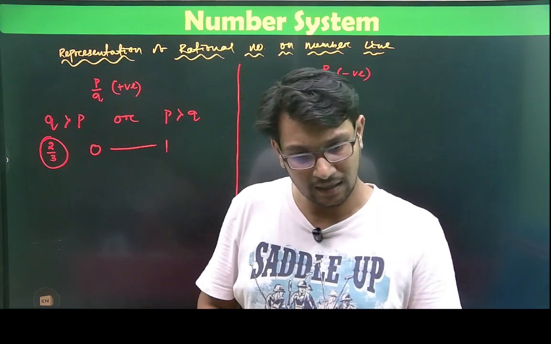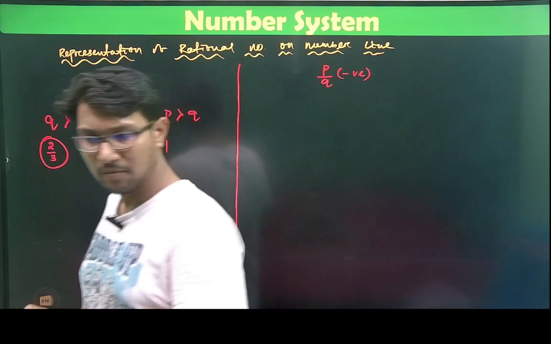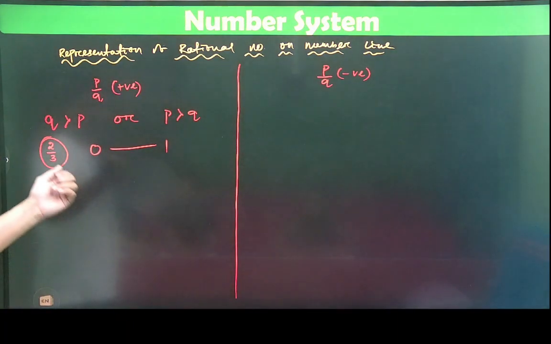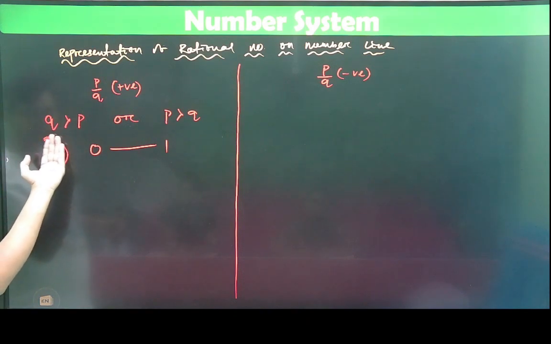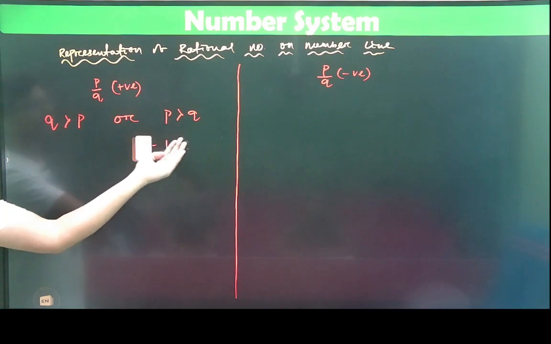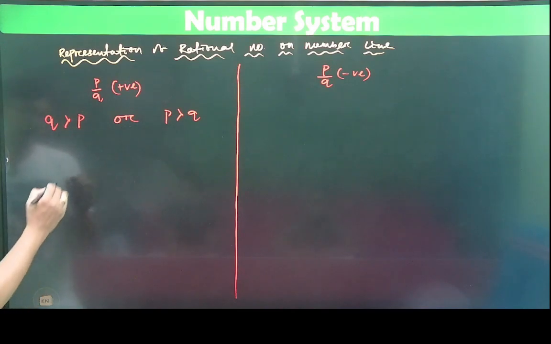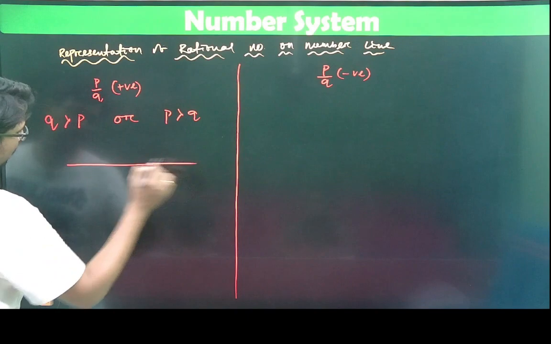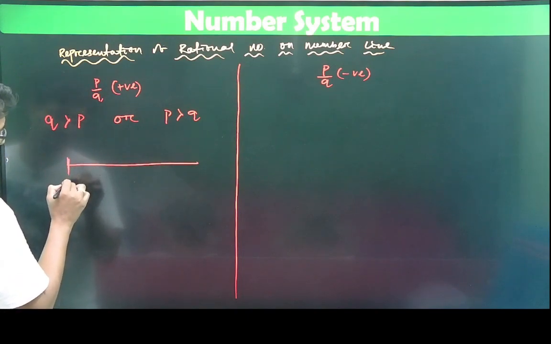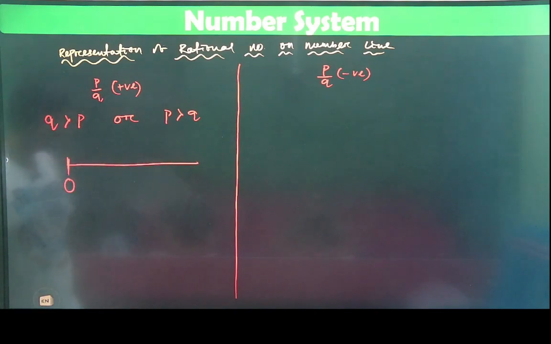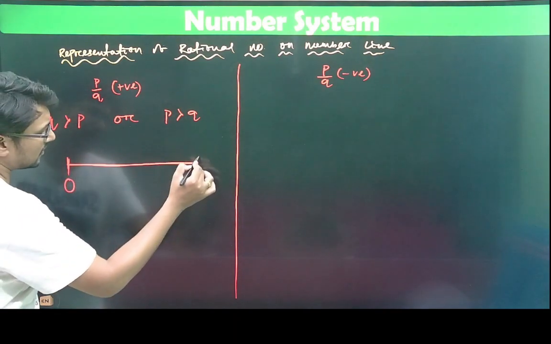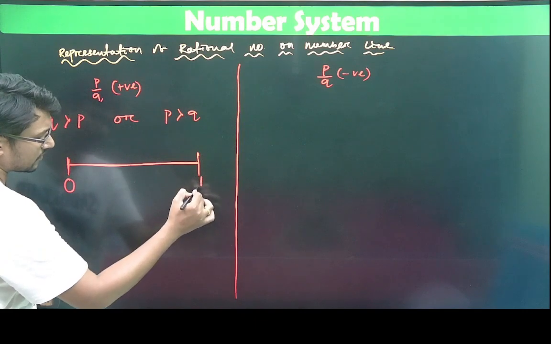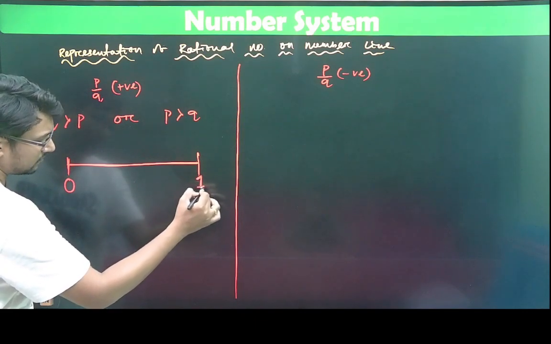Are you clear why? Because whenever we divide, it will come as 0 point something. Though it is coming between 0 and 1 and it is a positive number, hence it will come in the positive direction, to the right of 0, between 0 and 1.